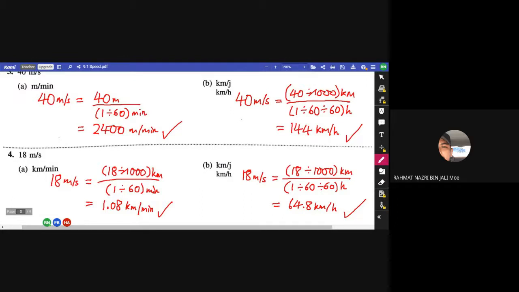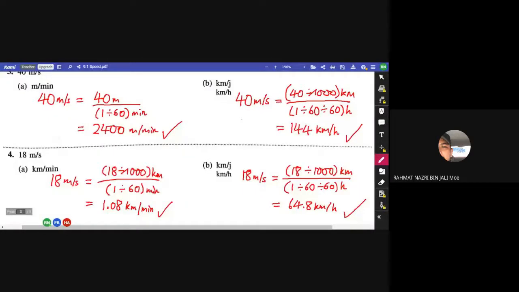Okay, finish. Okay, you can click the raise hand button. Finish page 84, 83.